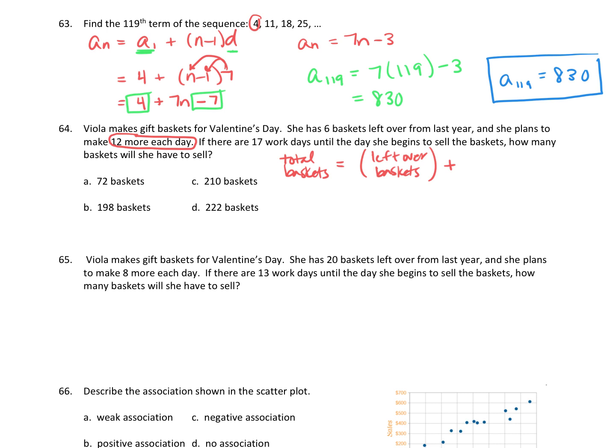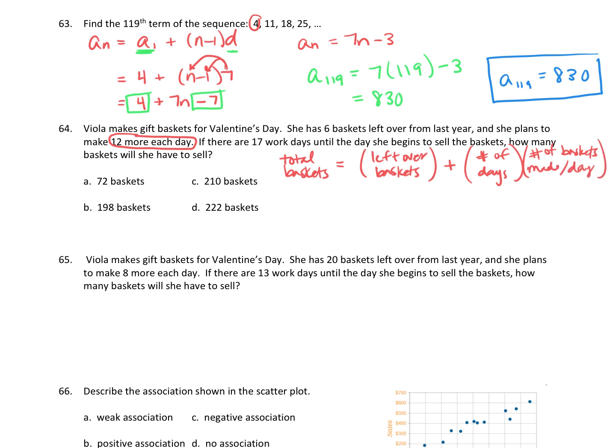Well, actually, we're going to get to that. Hold on. Let's keep working with our words. We are going to take the number of days that she has to make baskets and multiply that by the number of baskets she can make each day. So made per day.